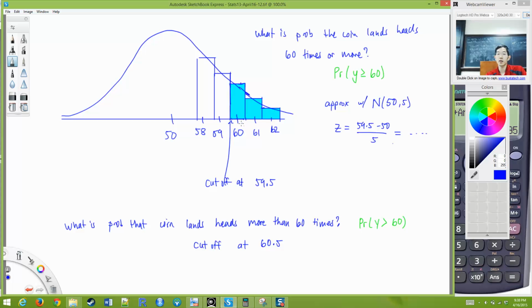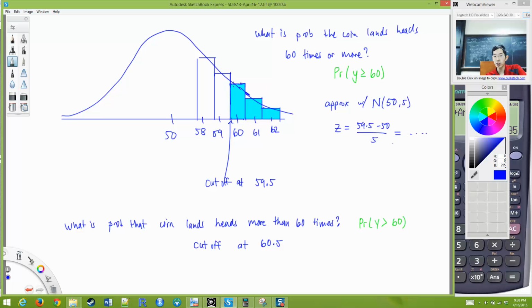And it is different if we say 60 times or more versus more than 60 times. And so you have to imagine that we have a bar centered at that number, and you want to ask, do I want to include this bar, yes or no? And in this case, we do want to include the bar. So in drawing our picture, I'm shading in 60, I'm shading in 61 and everything above that.